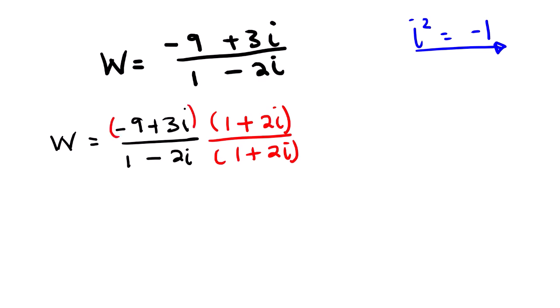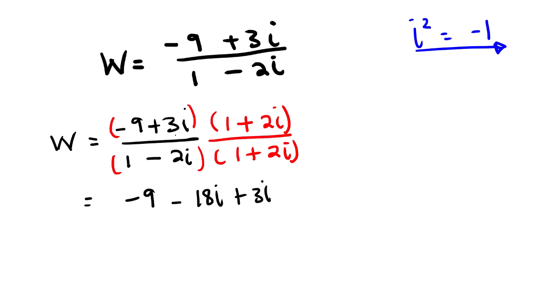Then let us introduce the brackets. Then from here it's negative 9 multiplied by 1. We are going to have negative 9 multiplied by 2i. We have negative 18i. Positive 3i multiplied by 1 is positive 3i. And then positive 3i multiplied by 2i.